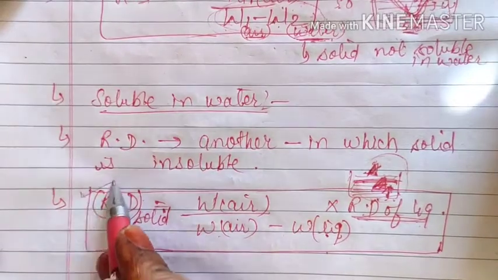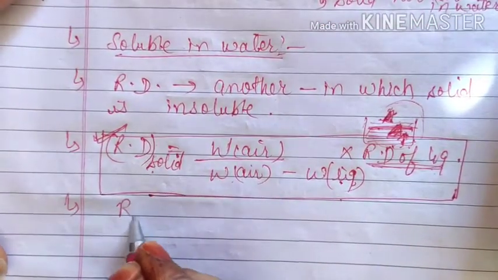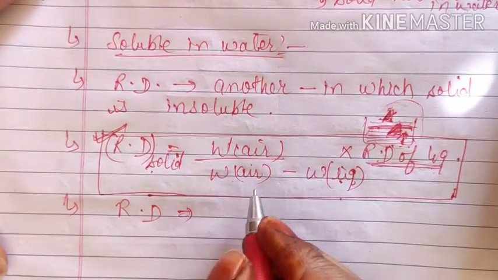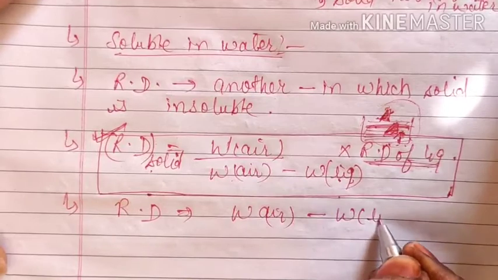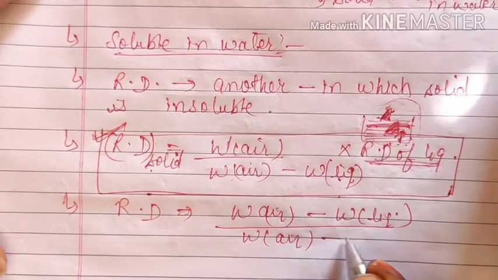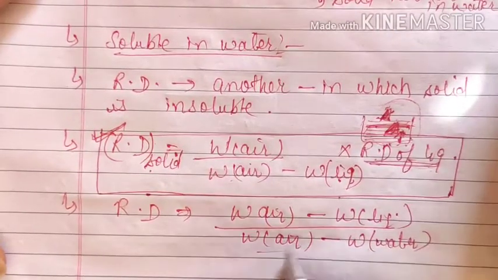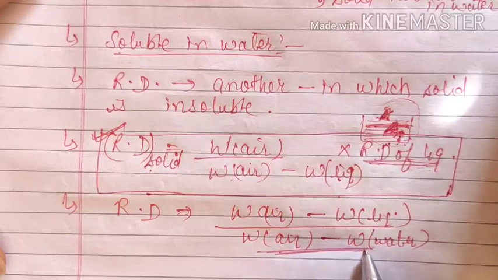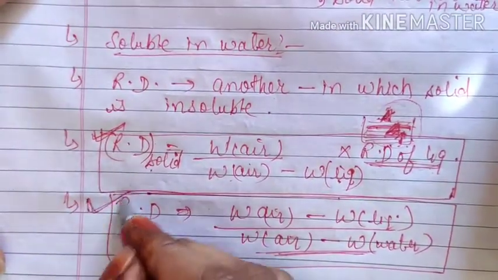So generally we will use this formula to calculate the relative density. Otherwise here we have one more formula, and that formula is weight of the body in air minus weight of body in liquid, upon weight of body in air minus weight of body in water. Then we should have the numerical value of this, that means loss in weight. So from this formula also we can calculate the relative density.